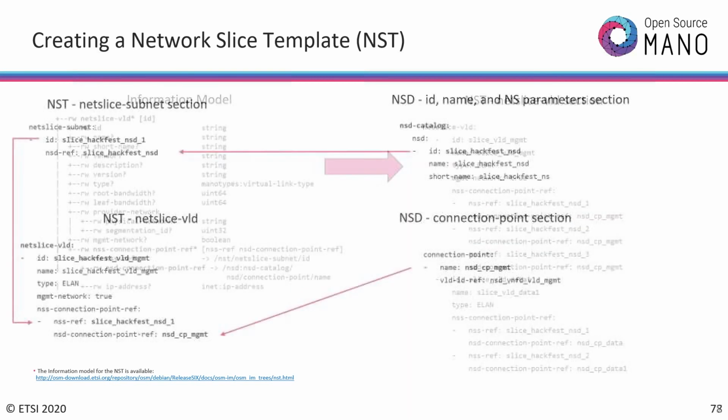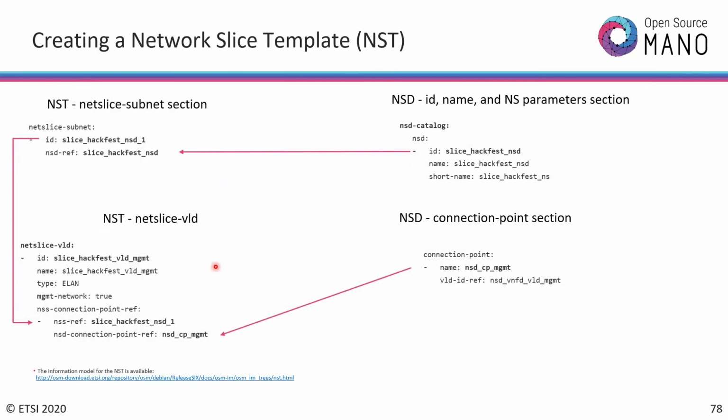I have the next slide. This is the flow that you can use to get what to write here in the network slice template. First you need to get the network slice subnet reference, which comes from your network slice subnet section description. This network slice subnet description references a network service descriptor, and the connection point that you would like to connect is referenced there.